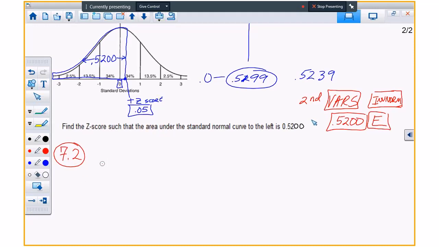In 7.2, you're either going to be given a z-score and you find the area, and let's put 4 digits and 2 digits so you keep it separate. Or you're going to be given an area and you find the z-score.